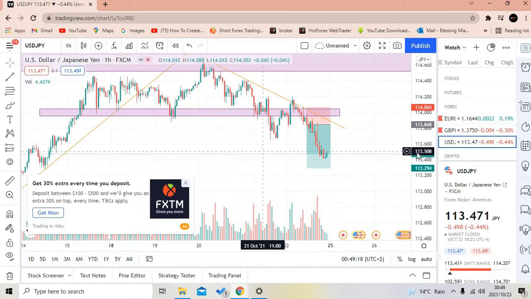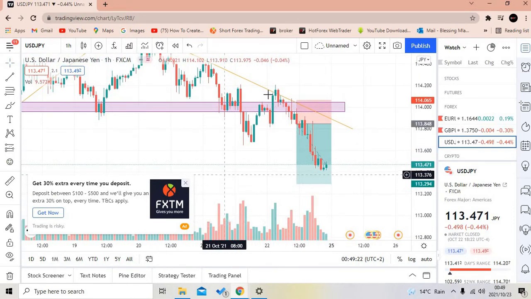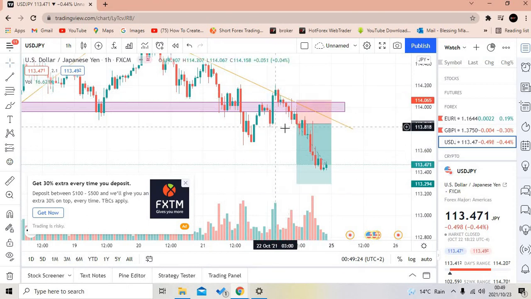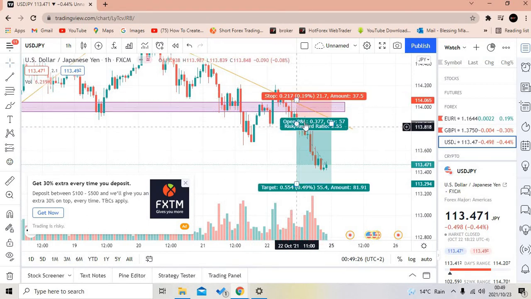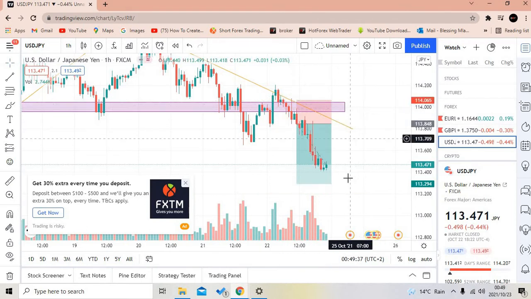I waited for the market patiently, and I saw it break down, and then it retested and gave us a bearish engulfing candlestick over here. That was my confirmation to enter. I had my stop loss just above this area, and my take profit over here.